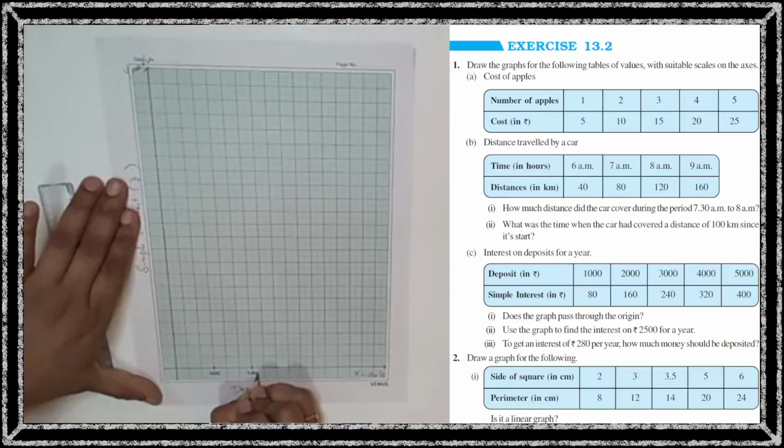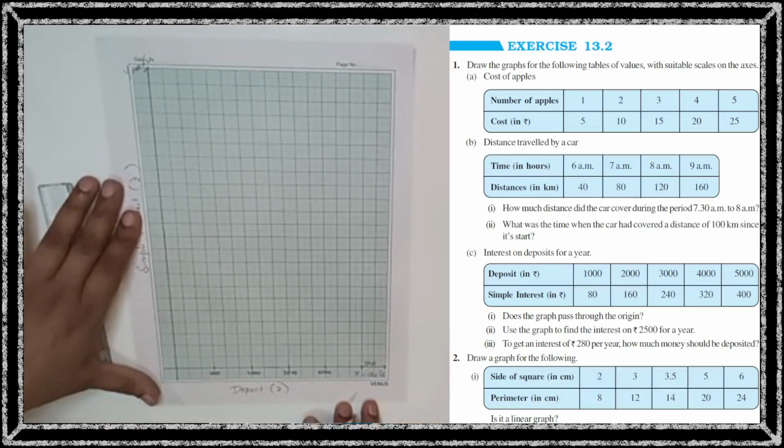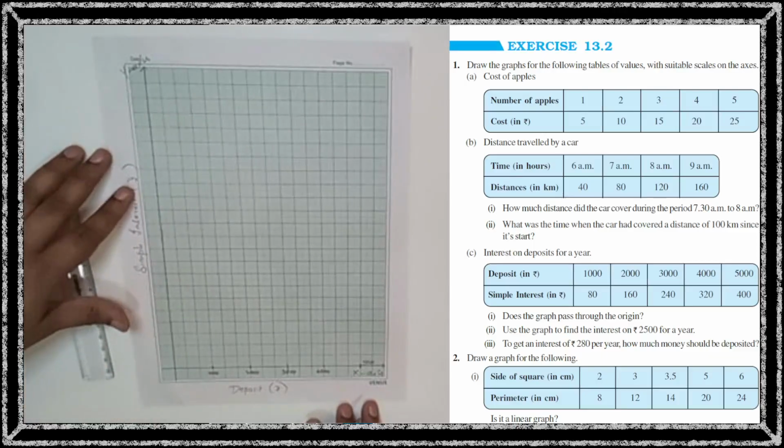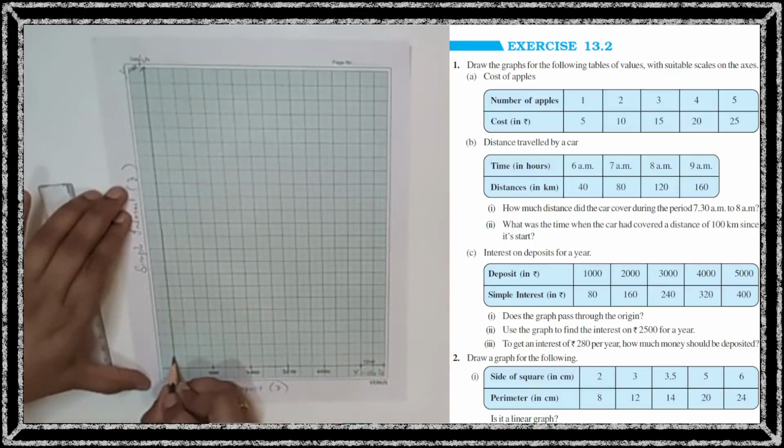I have 2000 here, 3000 here, 4000 here, and 5000 over here. Now I have the y data ranging from 80 to 400. Like I said, we have around 20 blocks on the y-axis. Because I want 400, I can take 400 by 20, which is 20. So each block, if I take 20, I think it's going to be sufficient.